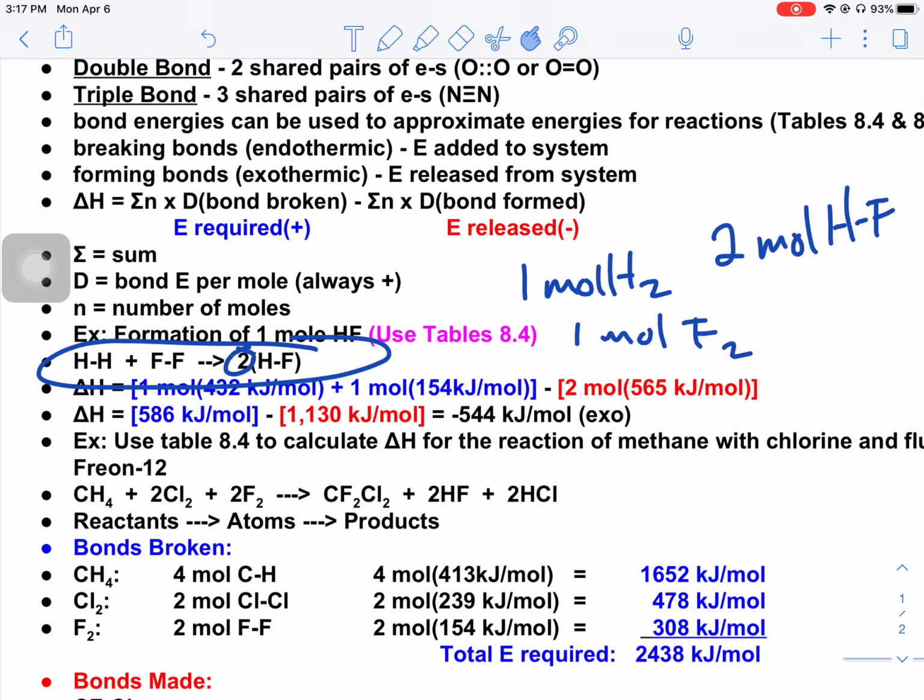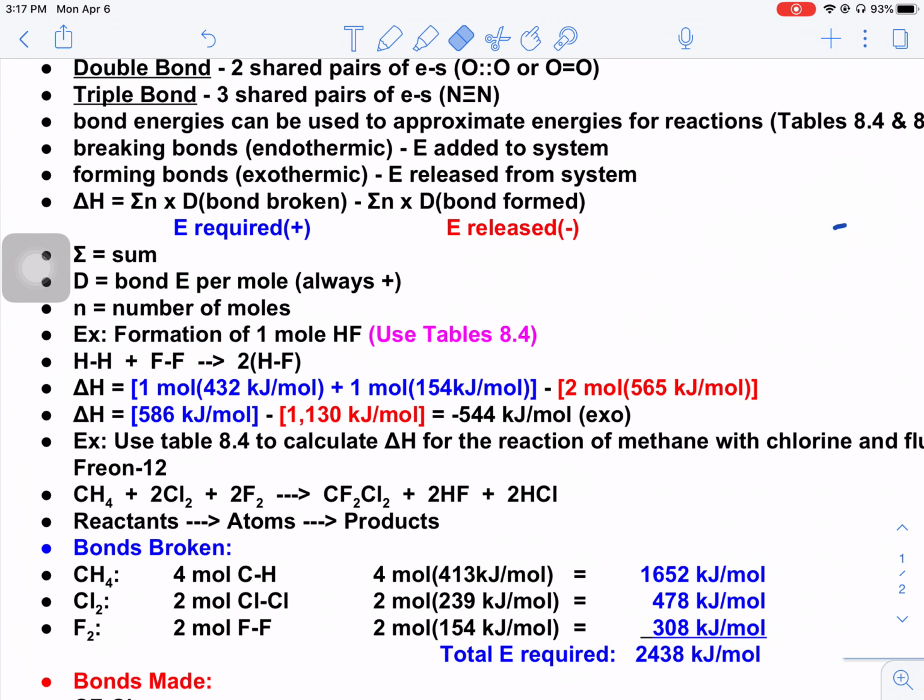All right, so guys, I've color-coded some things for you. If you see blue, that represents that energy is being absorbed, that this is an endothermic change. If you see red, this represents exothermic, energy is released, okay? So when we start to look at this equation, to break those hydrogen-hydrogen bonds, it takes 432 kilojoules to break the bonds in 1 mole of diatomic hydrogen.